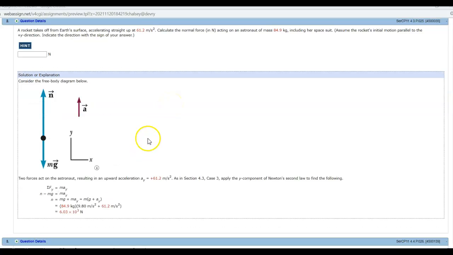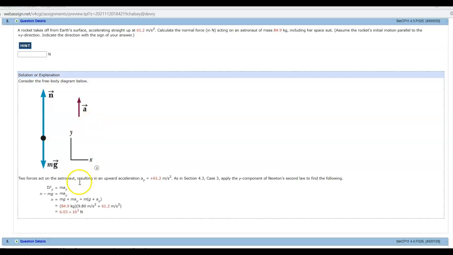Okay, here we're looking at a rocket taking off from Earth. So it's accelerating upwards at 61.2 meters per second squared, and gravity is acting downward at 9.8 meters per second squared. So we need to find the sum of those forces. Here's the equation. The sum of the forces is equal to the mass times the acceleration in the y direction.